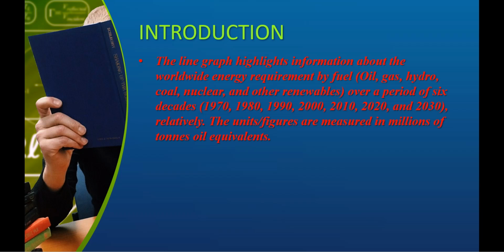Again, open the brackets, 1970, 1980, 1990, 2000, 2010, 2020, and 2030 respectively. The units or figures, it depends on you, you will just select one of them, are measured in millions of tons oil equivalent.